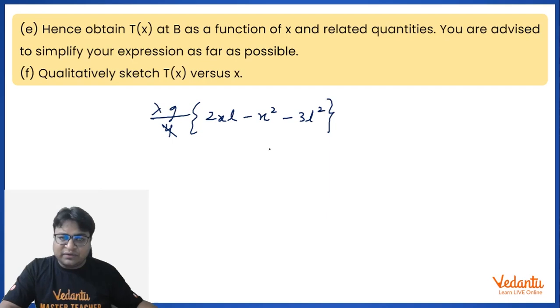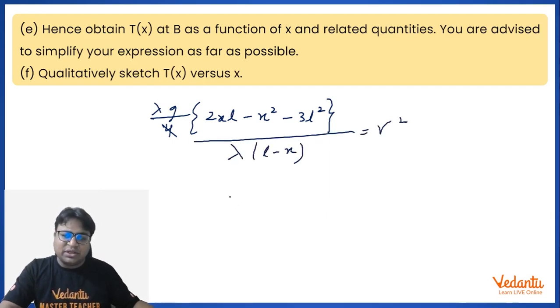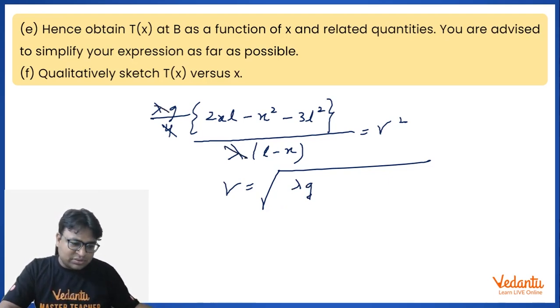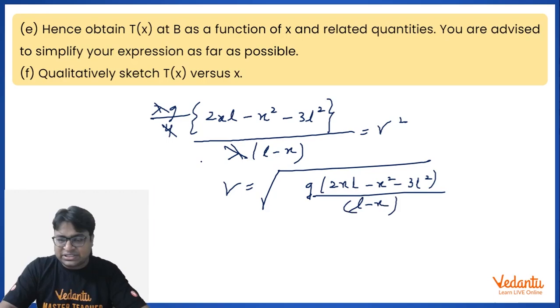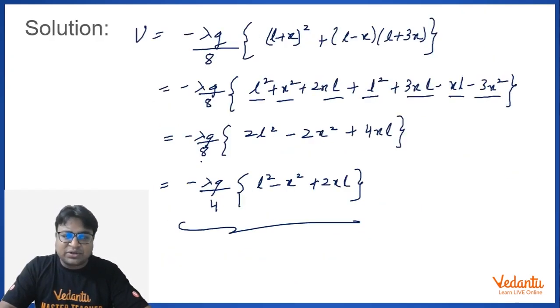And then we have lambda into (L minus x) equals v square. So v is coming out to be root of g, lambda also gets cancelled. So g into (2xL minus x square minus 3L square) divided by (L minus x) is what we will get. Now, time to check whether this is correct or not.